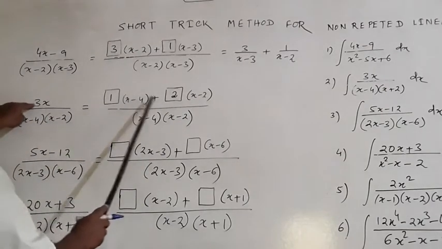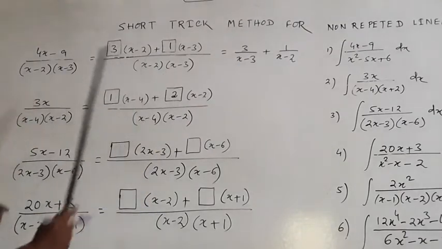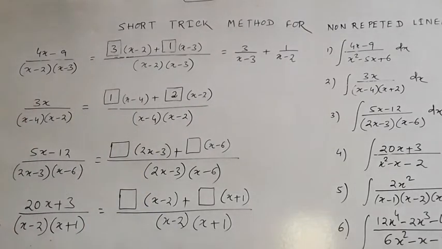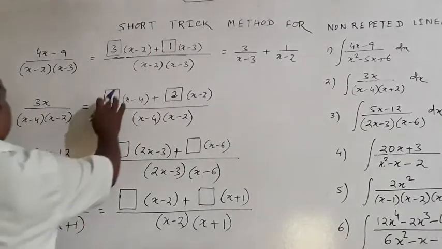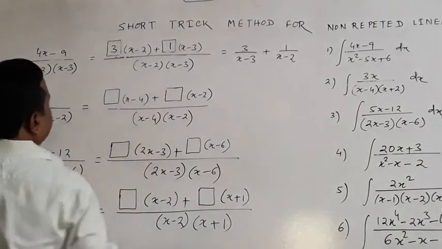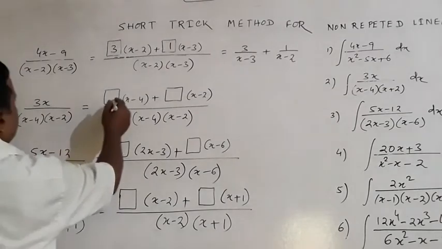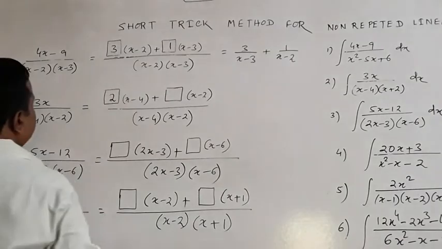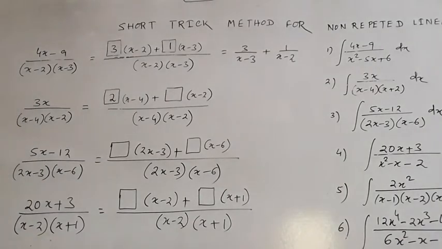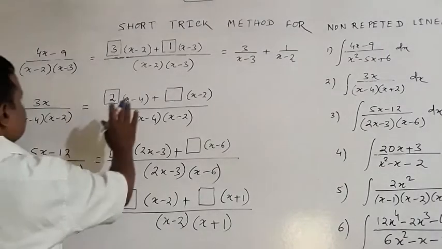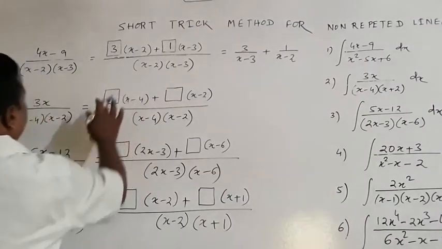It is minus 4 minus 4, it is minus 8. But this is not the method. Then you think what to put. If you put 2 here, then you have to cancel minus 4 minus 4. Okay?